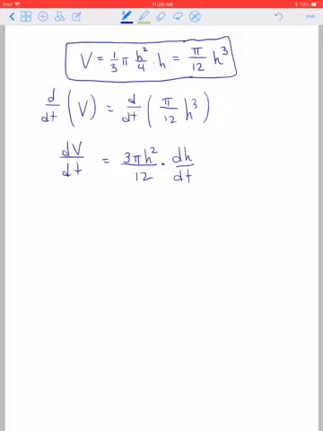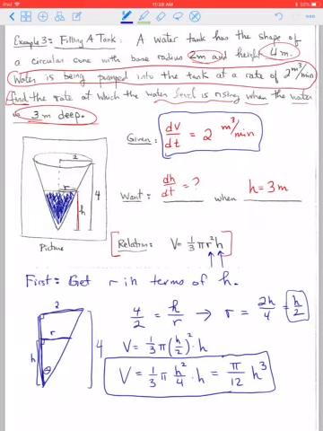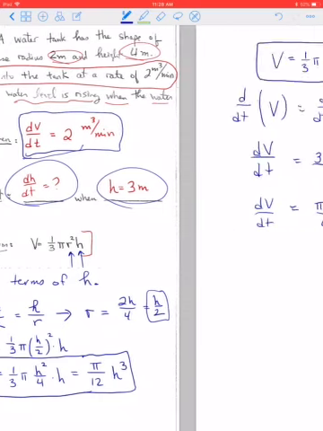Here we're using the chain rule. If we simplify, that's dV/dt equals pi h squared over 4 times dh/dt. If we go back and look at what we knew, luckily we filled this in. Our given was dV/dt was 2. We wanted dh/dt, and h was 3.